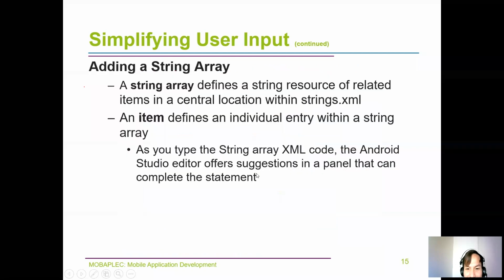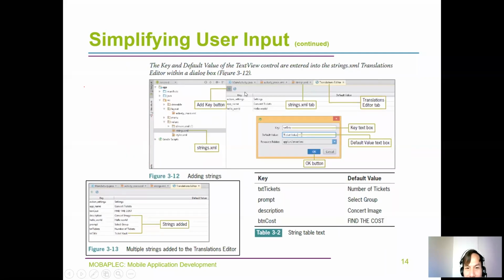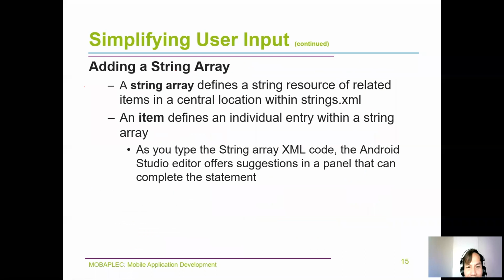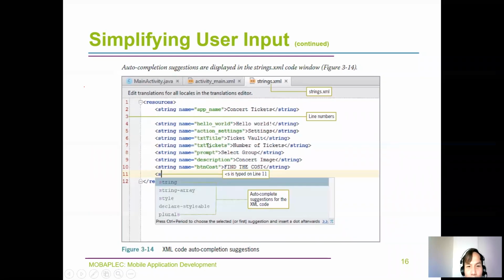The text title is the key. Hello world, that's the key. That's how it is implemented. And then hello world is the name that the strings already include, and so on. So still, it's editable.